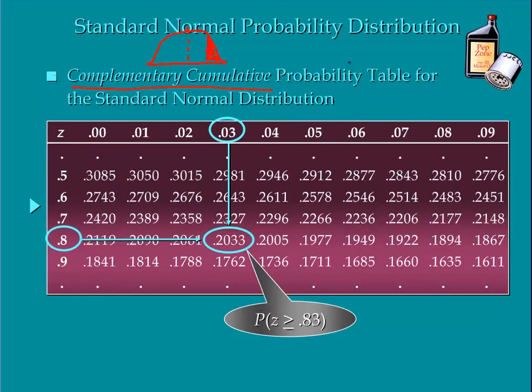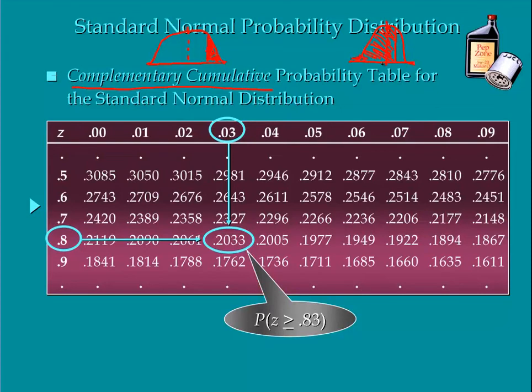A cumulative would have the opposite, so it would have something like this here. Now that's best dealt with in a different presentation, but again, it's something to be mindful of.